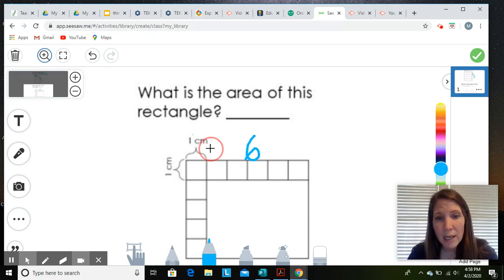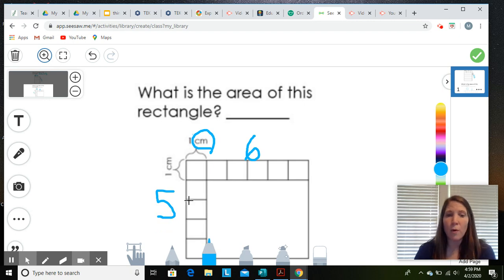And here they're measuring it a little differently. We've got cm, which means centimeters. So here we have 6 centimeters across the top. And we have a total of 1, 2, 3, 4, 5 rows in all.